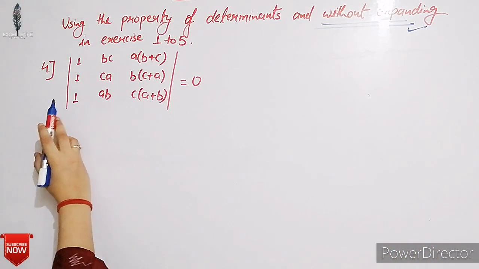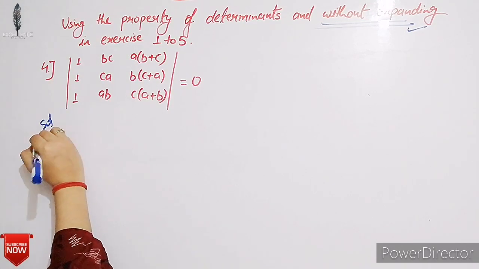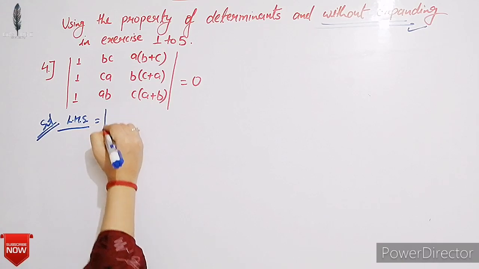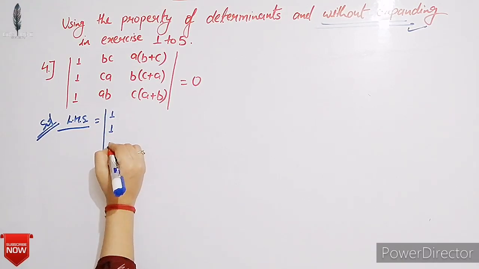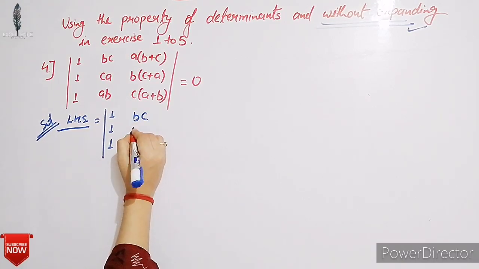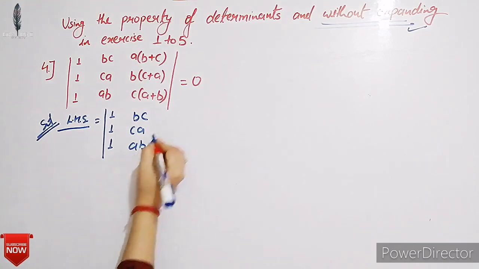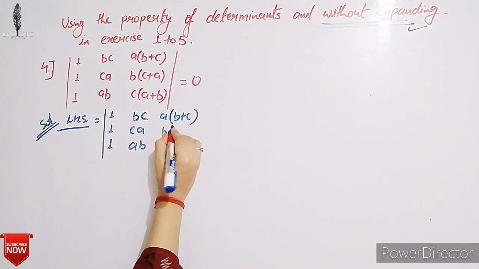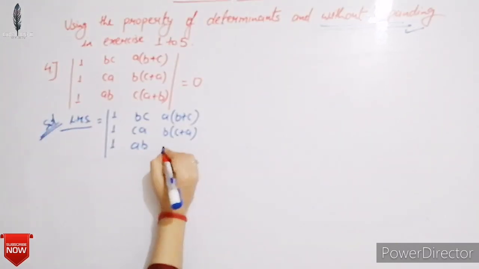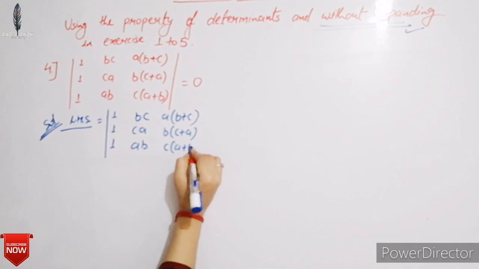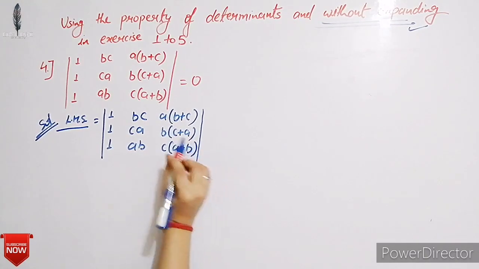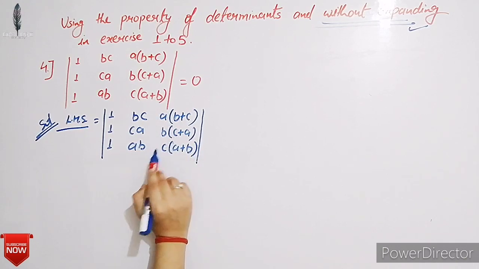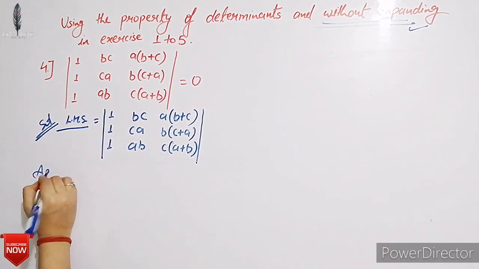Question number 4. Let's solve it. Here LHS part is 1, 1, 1. C2 is bc, ca, ab, and C3 is a, b plus c, b into c plus a, c into a plus b. Here clearly we have ab plus bc plus ca the same in column 3 by adding C2 and C3.